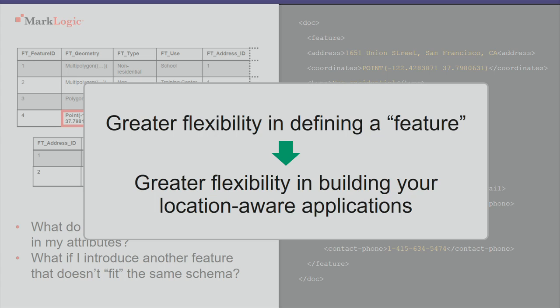Or you might have 3 different applications looking at the same piece of data, but showing it to different users in different ways. So the greater flexibility you have for modeling your data and modeling your location data provides you greater flexibility in how your users can interact with that location data in your application.